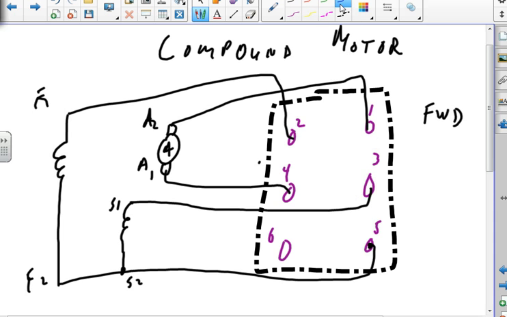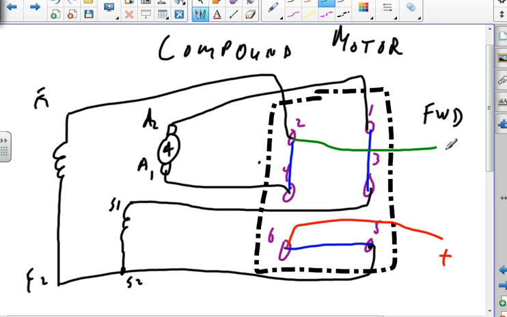We're going to go back to page 53. And forward says, these two are connected, those two are connected, and those guys are connected down there. Now, I left something out. What did I leave out? I left out plus going to 6 and the negative going to 2.